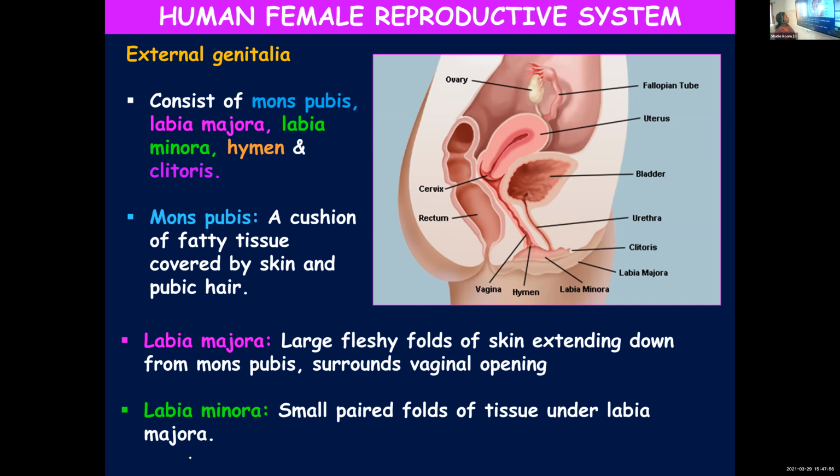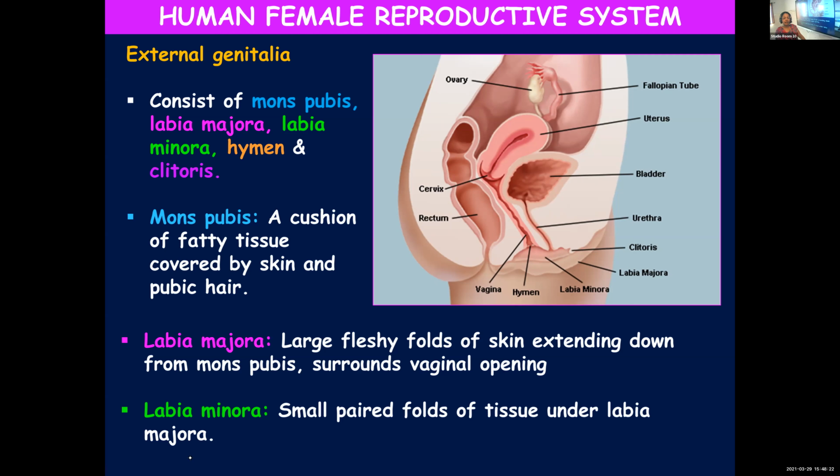It's a cushion of fatty tissue, covered by skin and pubic hair. Beneath that, labia majora. Labia majora are large folds of skin that extend from mons pubis and surround or enclose the vaginal opening.